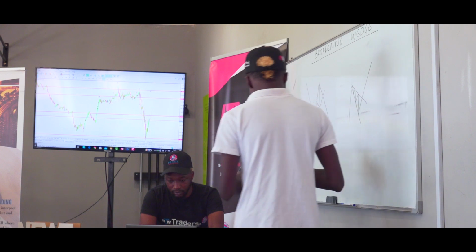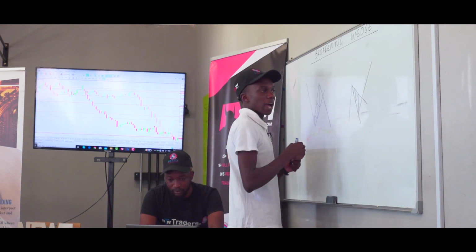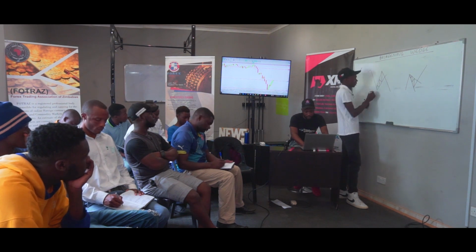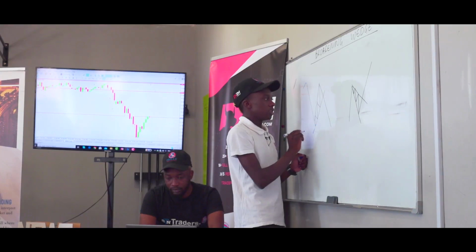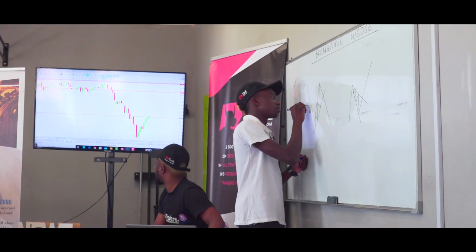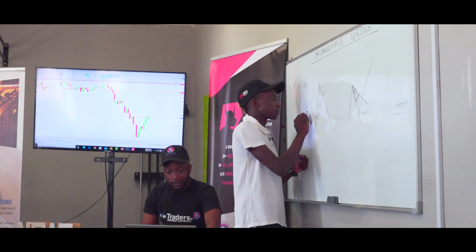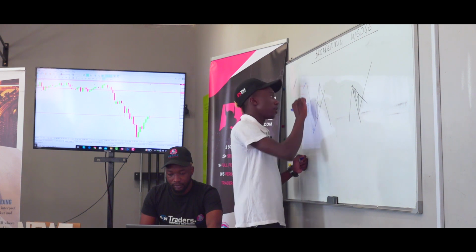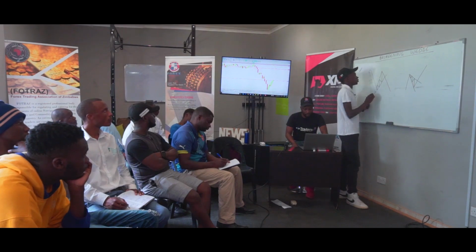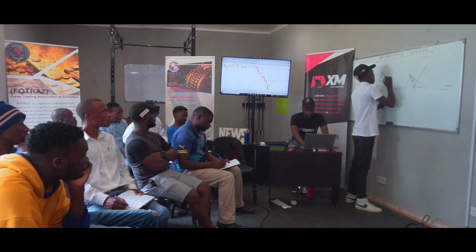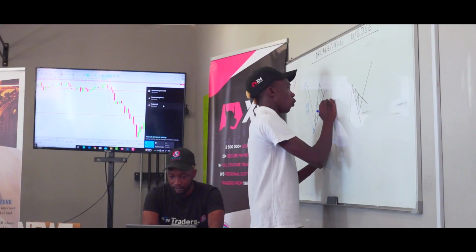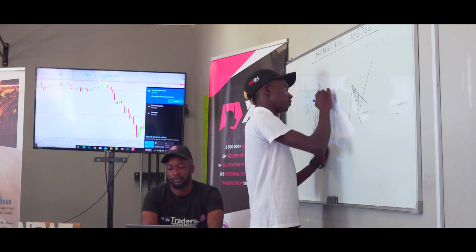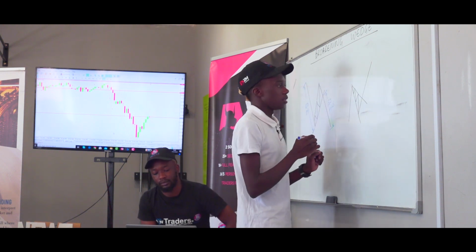How do we trade and make money from the pattern? This is how we trade. The distance from that point to this point, let's say that distance is maybe 150 pips. From that point to that point, you'd expect price to move by exactly 150 pips.